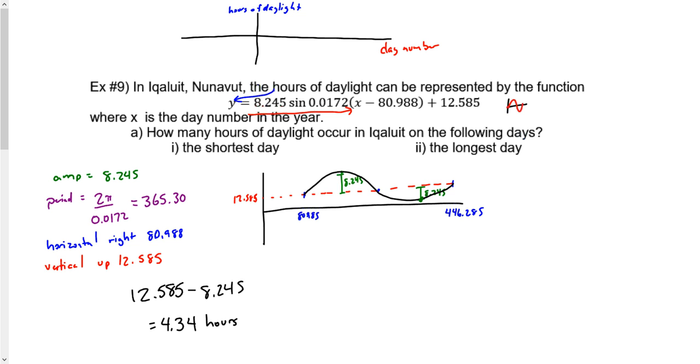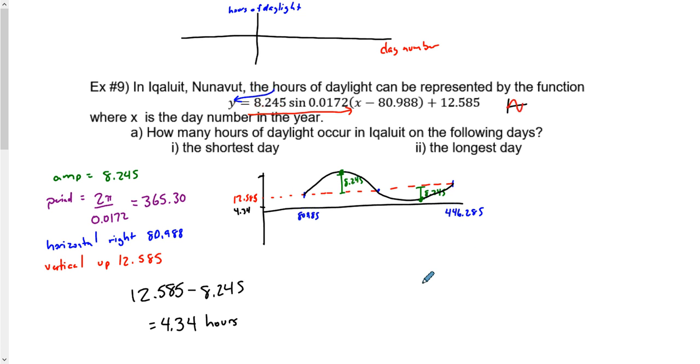On the longest day, it's asking for what is this point. So this one, 4.34, we're asking what is its highest point. I know it's not to scale, because you can tell that that's definitely not the same as that.